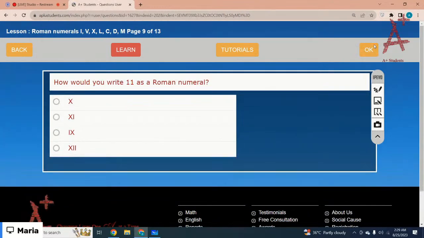How would you write 11 as Roman numeral? It would be X for 10 and I on the right side, so 11 is X and I. Option number 2 is the correct option.